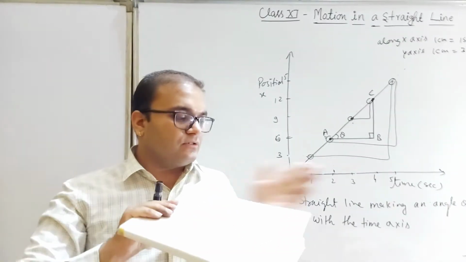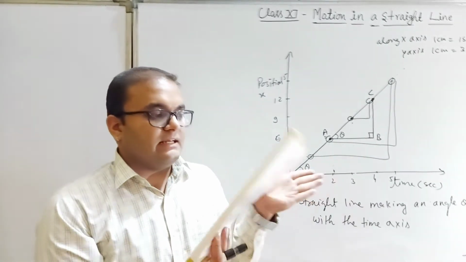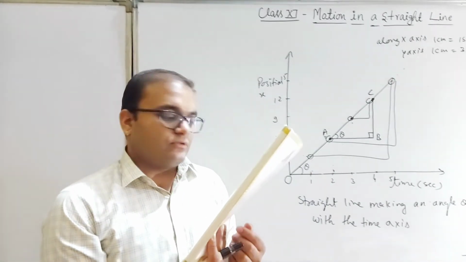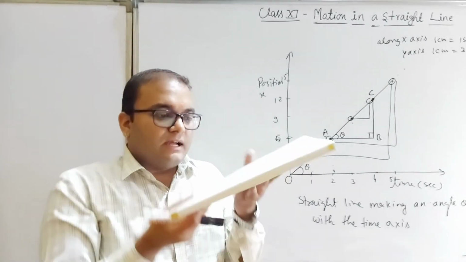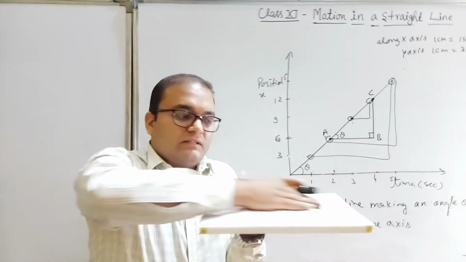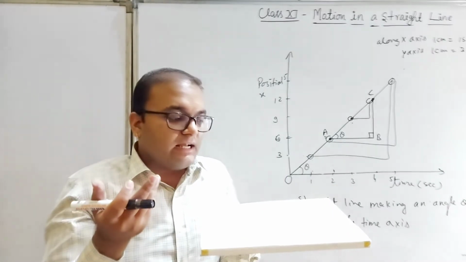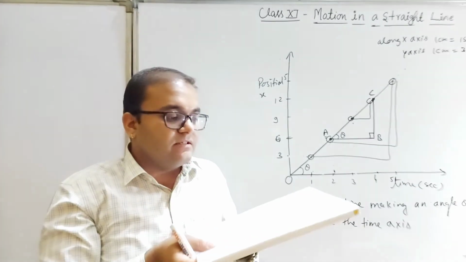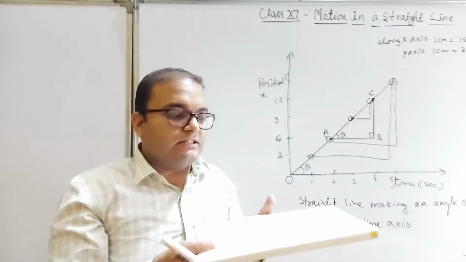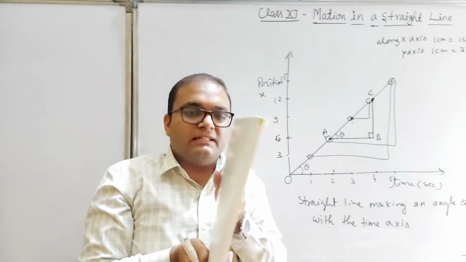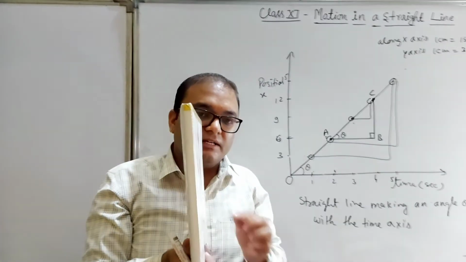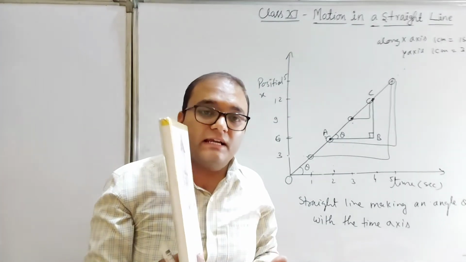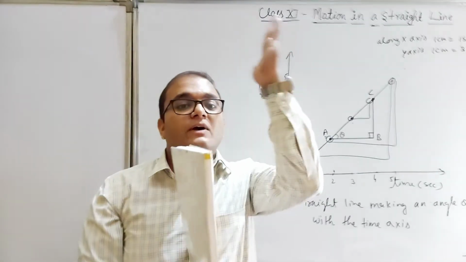If it makes a certain angle like this one, theta, then the tangent of this will be the slope. And suppose it is like this, then theta will be 0. Tan 0 is 0. It means slope is 0. And suppose the object is like this one, then what will theta be? Theta will be 90, and tan 90 is infinite. Then there will be infinite slope.